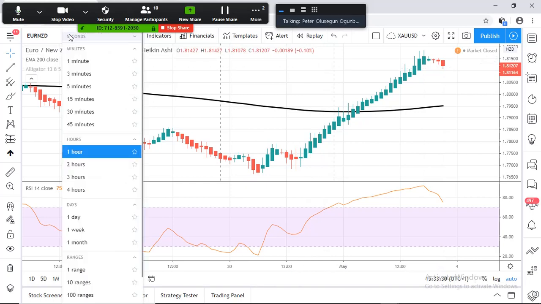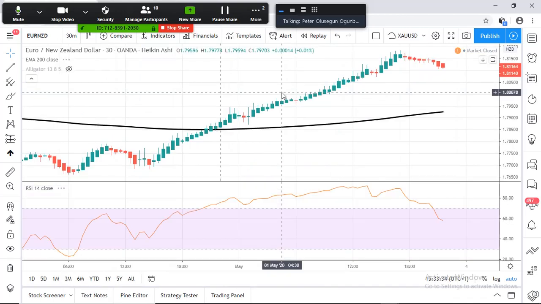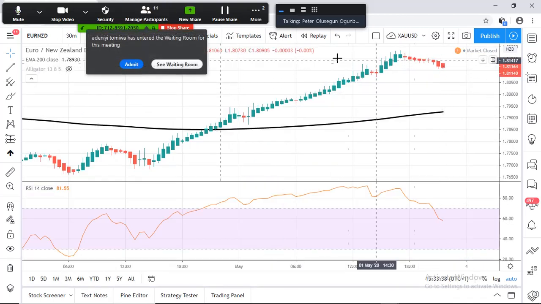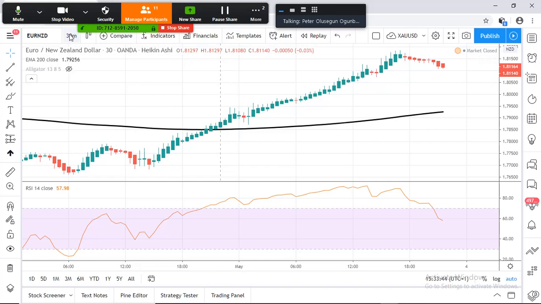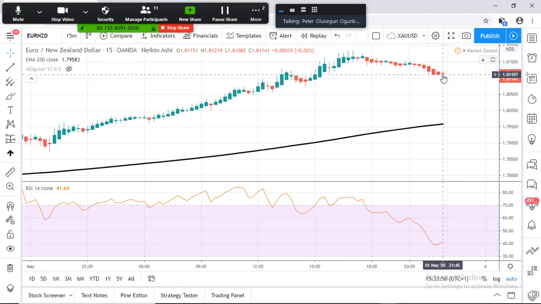Now 1 hour said it's selling. Which one is this? Let's look at 30 minutes. 30 minutes tells us it's selling. Look at the last candle. Okay. Let's look at the 15 minutes candle. The 15 minute candle said it's selling.